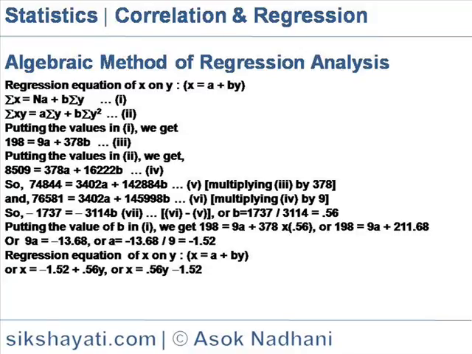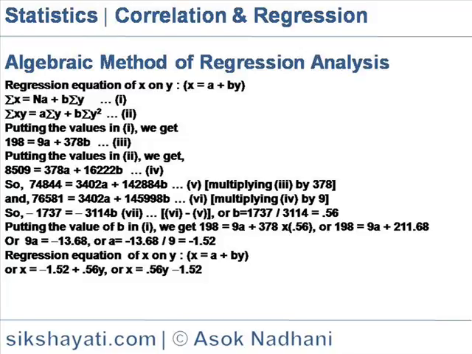So when we deduct equation 6 from 5, a is eliminated, so we get minus 1737 is equal to 3114b, or b is equal to 1737 by 3114 is equal to 0.56.